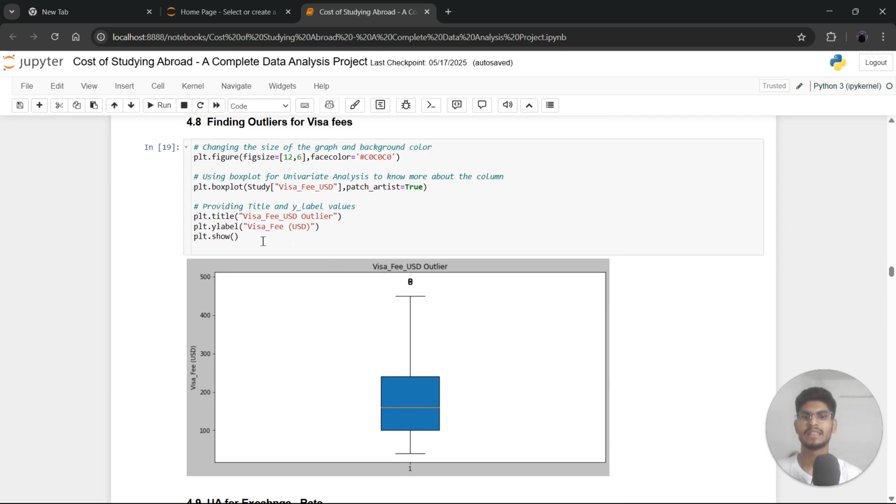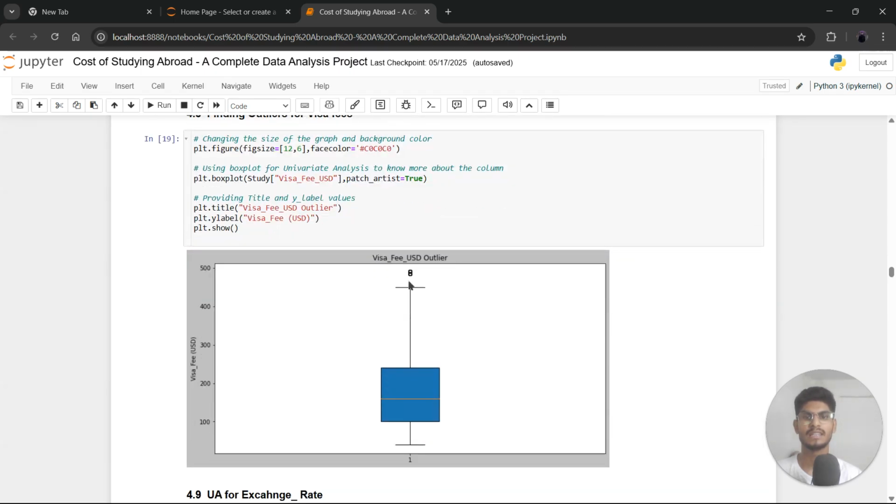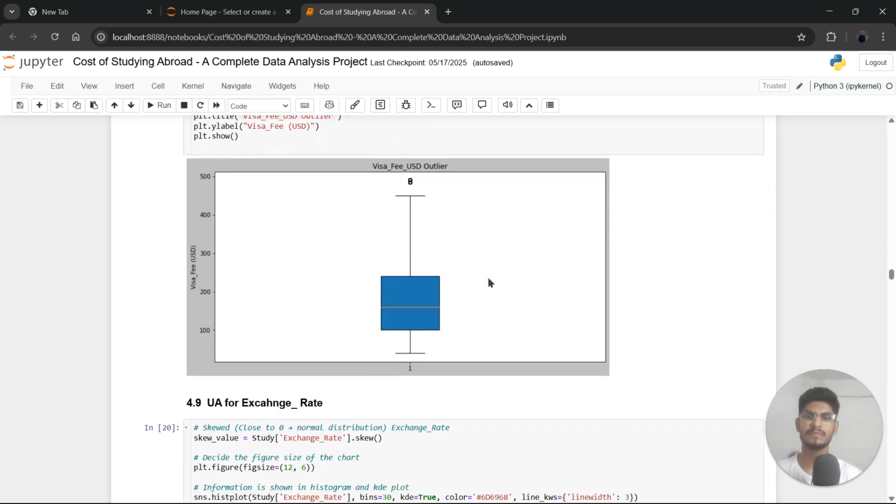And now we are finding the outliers. So we can already see the outliers. There are a few countries charging around 450 USD to 500, and we can see right here that there are only two outliers.